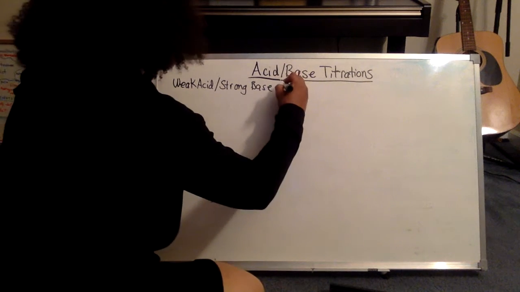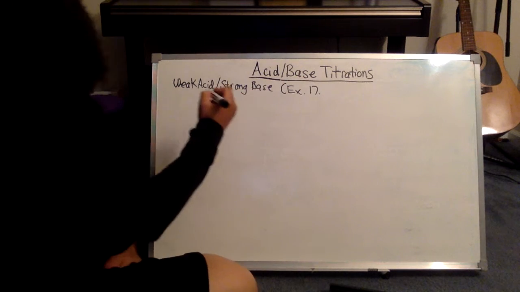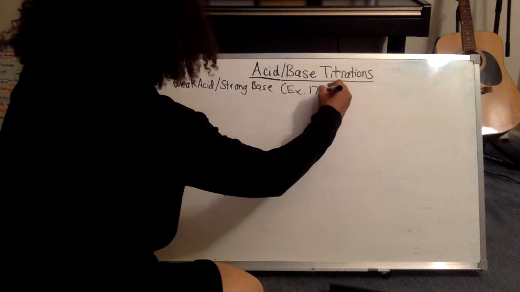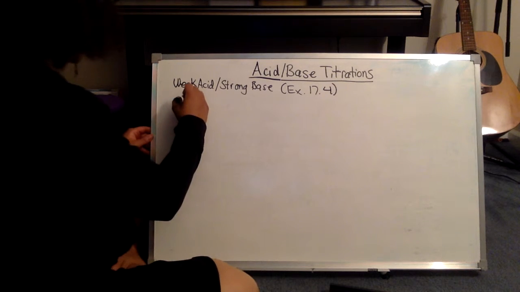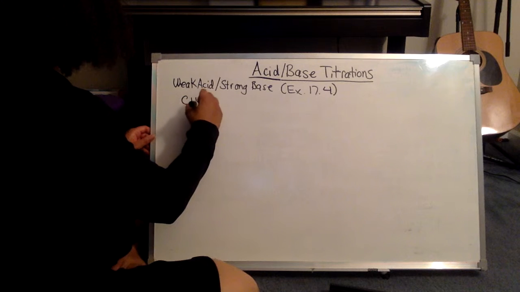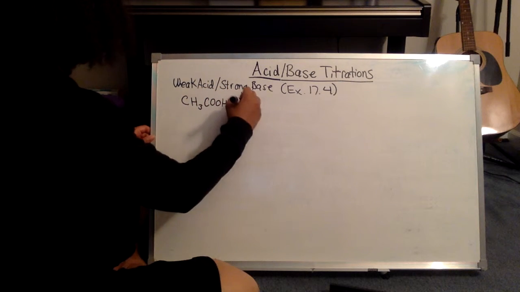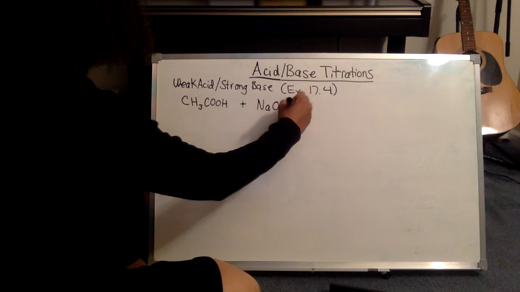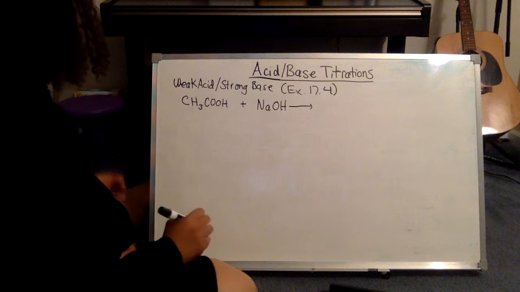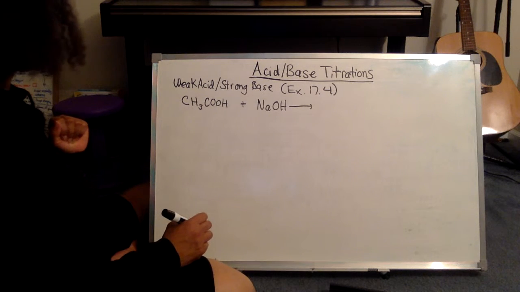I'm going over example problem 17.4 in your book, okay? So we're taking acetic acid, CH3COOH, and we are adding some sodium hydroxide. We're going to look at 3 different scenarios, as in 3 different amounts of each thing that we're adding.